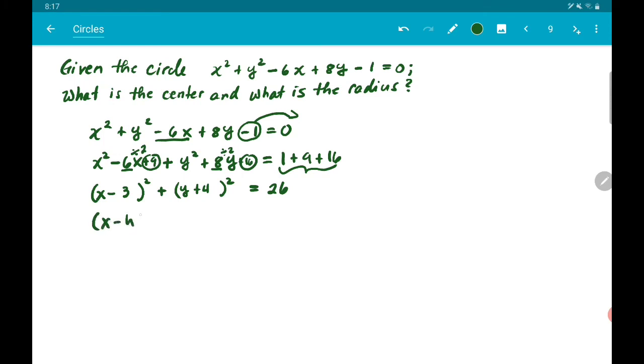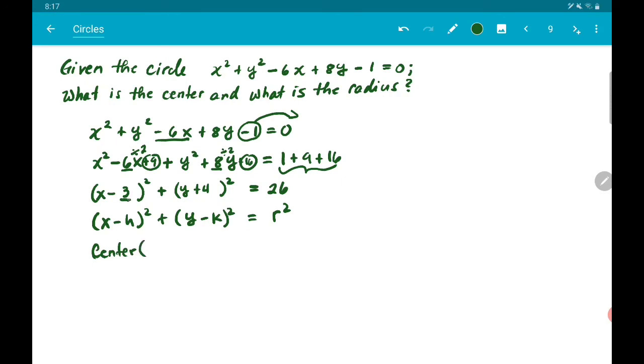Now we have our equation in the form (x − h)² + (y − k)² = r². So you may be asking, what is the center, what are the coordinates of the center, and what's the radius? Let's take care of the center first. The center is (h, k).